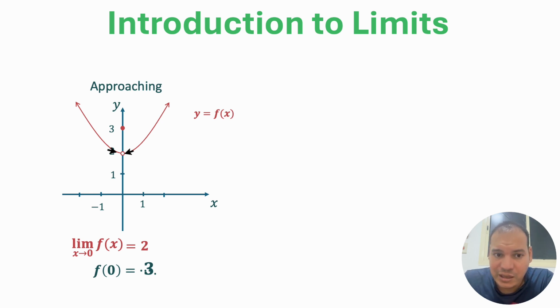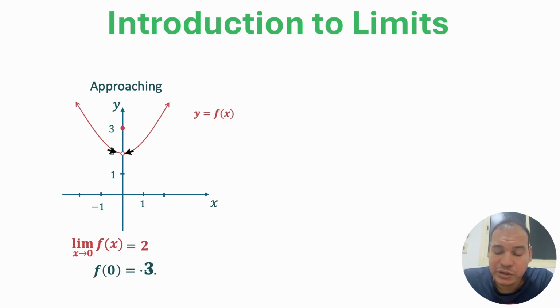So again, what is the meaning of the limit? The limit is different than the value of the function. It means the value that the function gets closer to from both sides at the given point. The difference between the limit of a function and the value of the function is very important.